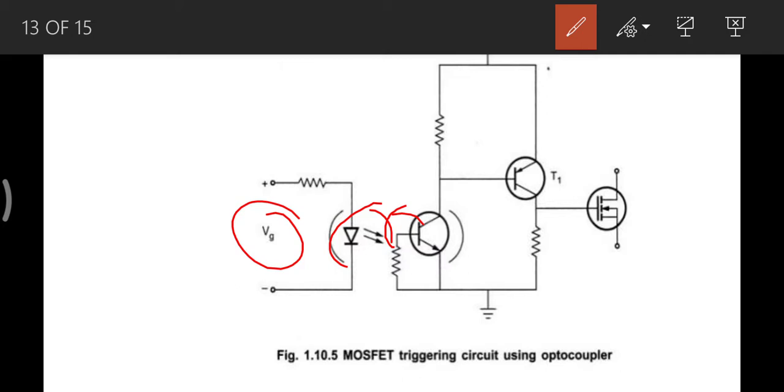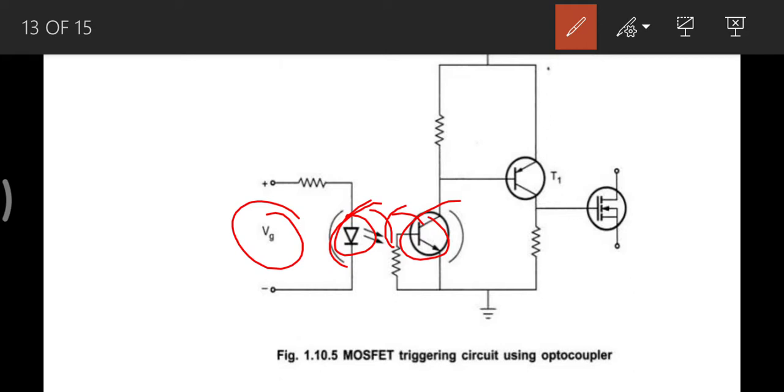Here we have to remember that this diode and this transistor are not connected electrically. There is no electrical connection between the LED and the photo detector. When the LED is on, the light falls on the photo transistor, it turns on, and the gate voltage is positive.